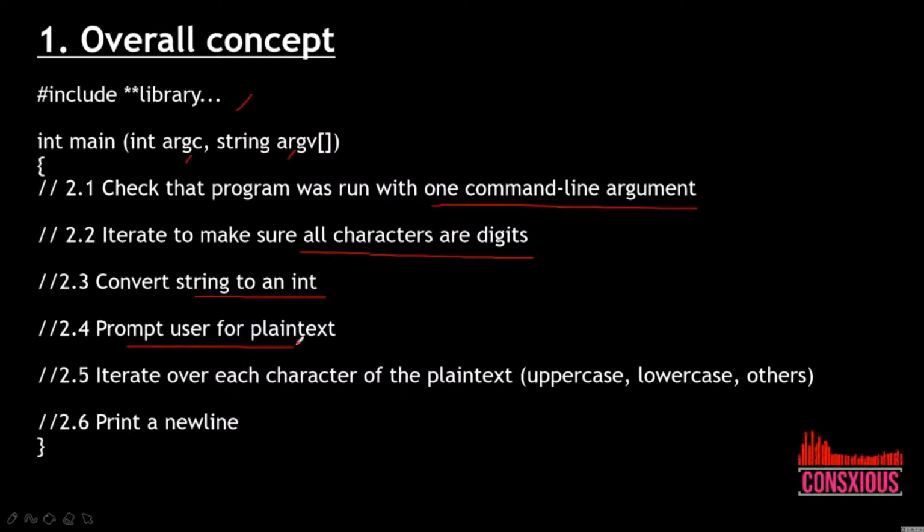The fifth, we have to iterate over each character of the plaintext and divide them into three categories: uppercase, lowercase, and others. The last, we have to print a new line. So basically, this is the overall concept of the solutions.